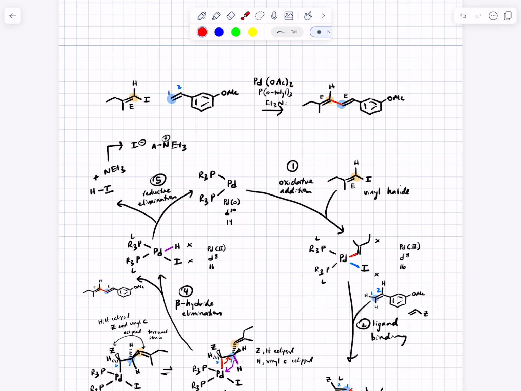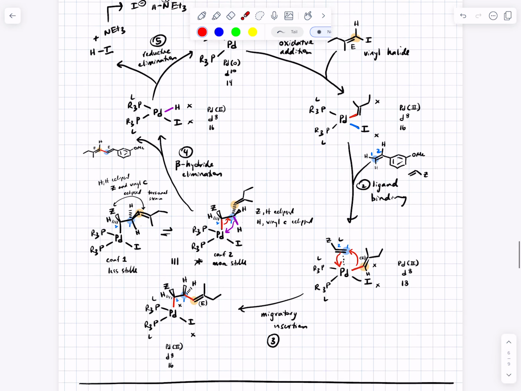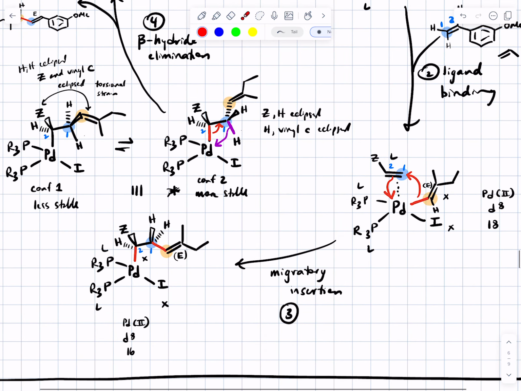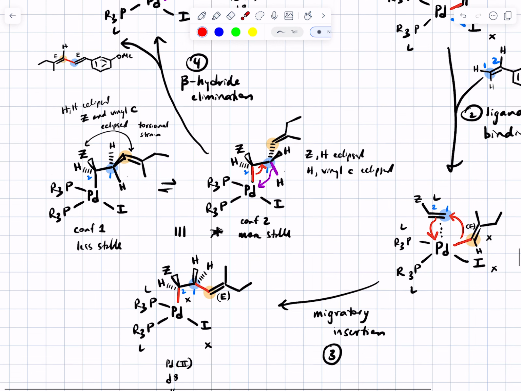There's no E or Z. But when we do the migratory insertion step, the double bond goes away, and then we reestablish the double bond via beta hydride elimination. So we sort of take the double bond away, then we put it back, and that's the step that is selective for trans.